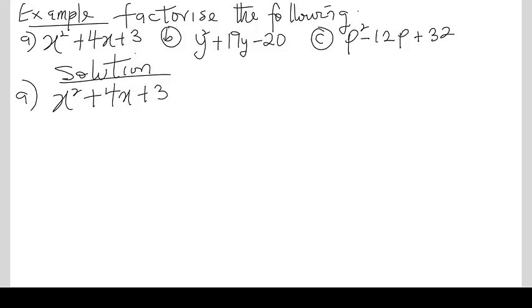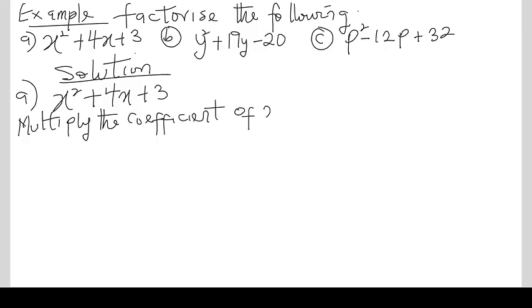So let me write the steps. We multiply the coefficient of x squared with the constant, the number that is standing alone.